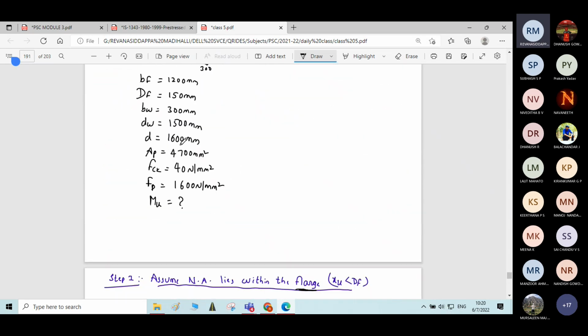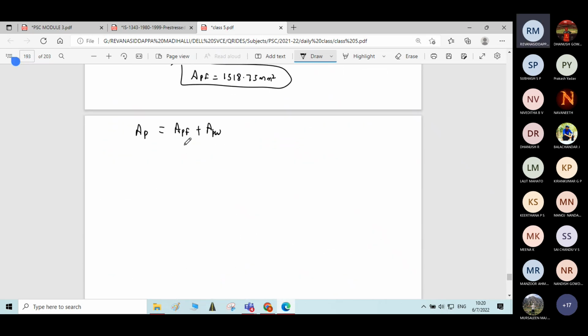How much is given? 4700 mm square. 4700 is equal to APF, 1518.75, plus APW. By this we'll get the value of APW, that is 3181.25 mm square.